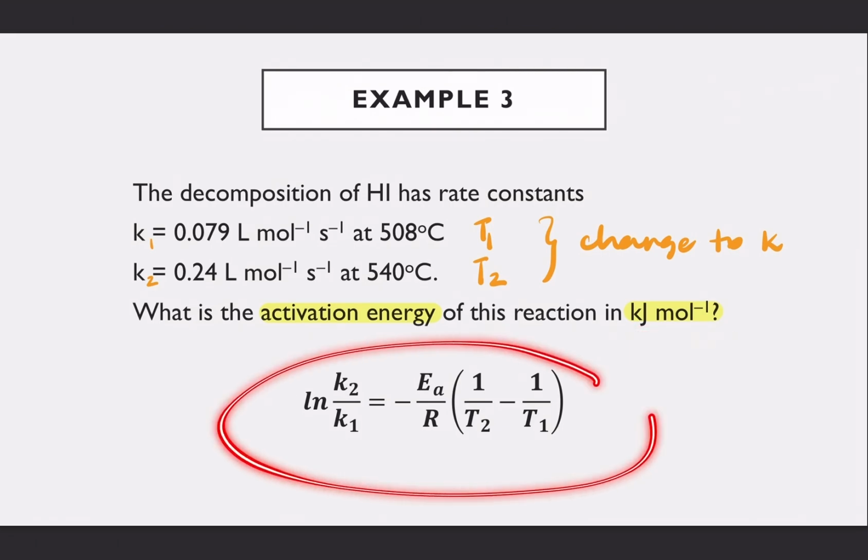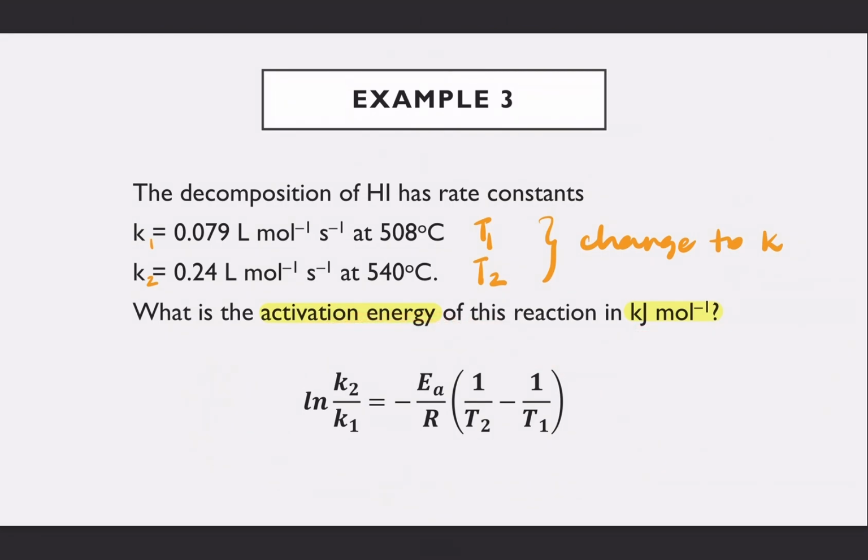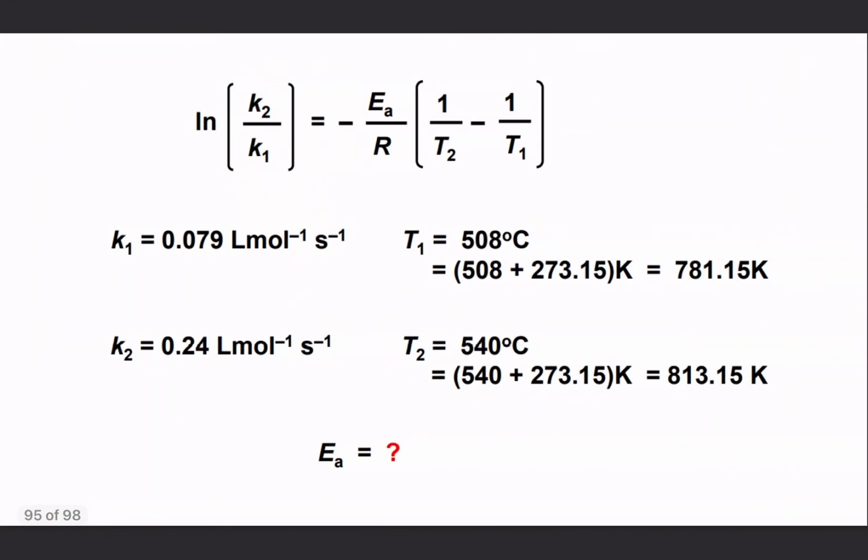So basically you're going to use this formula, and make sure your temperature is changed to Kelvin, and just plug in your values. You would exponentiate when you want to find K2, and just rearrange. Sorry, you want to find EA. Okay, so this is the working.